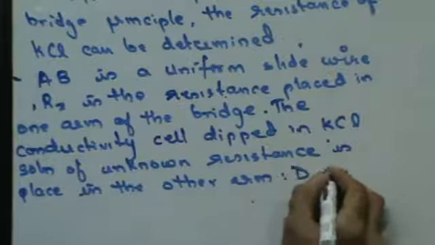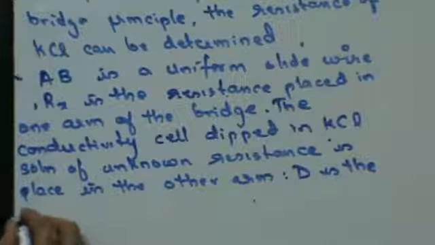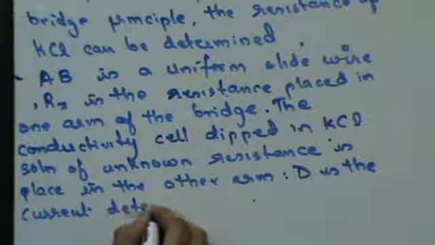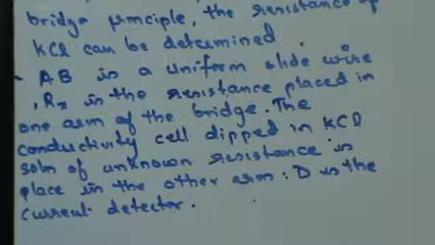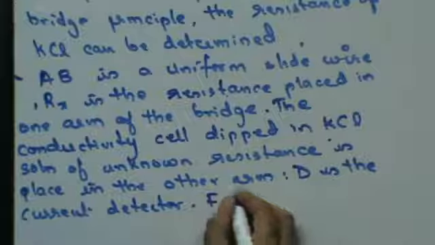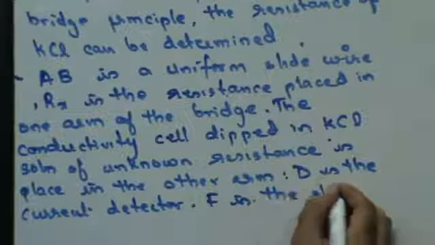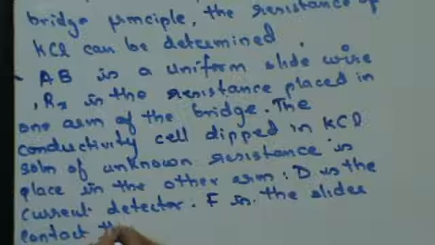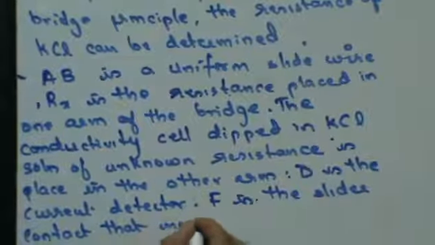D is the current detector. Right? And F is the slider contact that moves along AB.